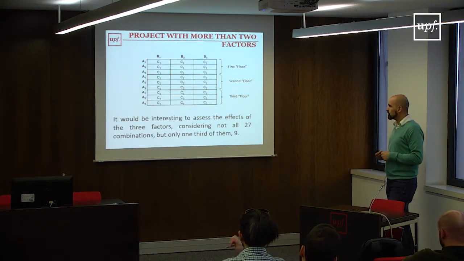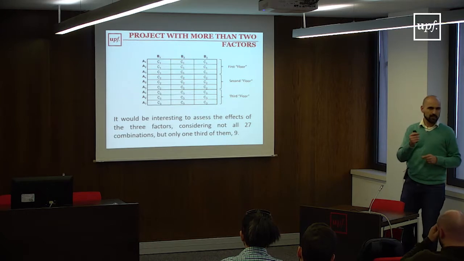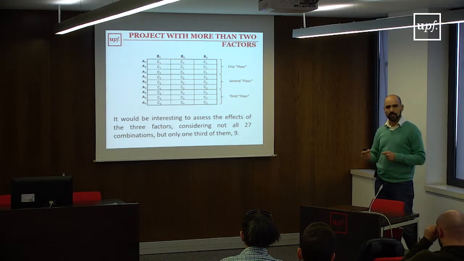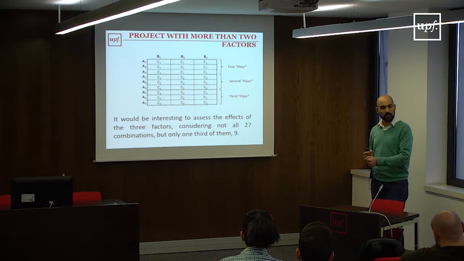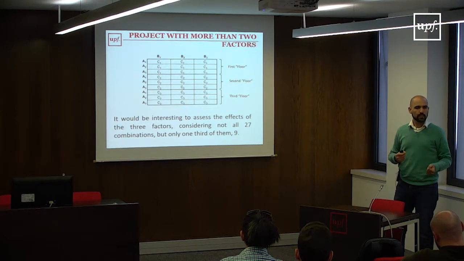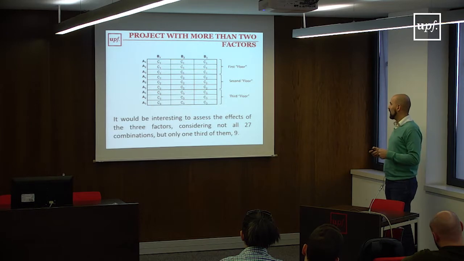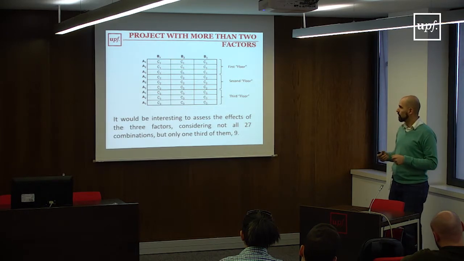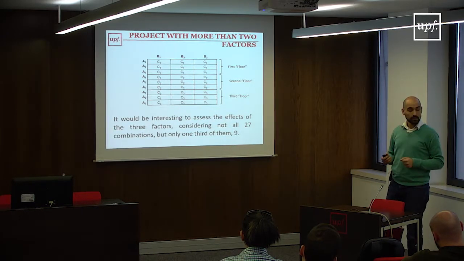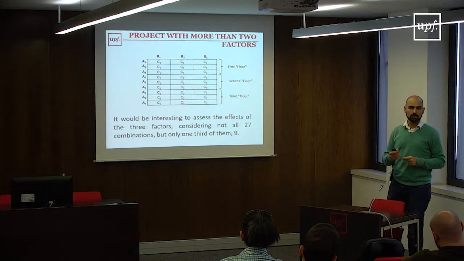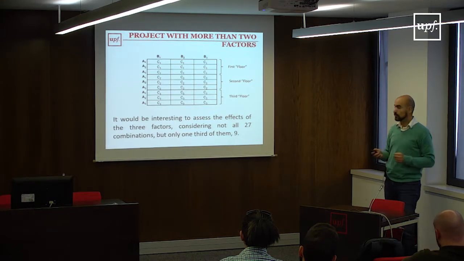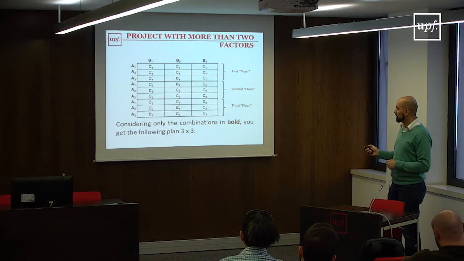Now, of course, it would be very interesting if instead of running 27 experiments, I would need just 9. Would be very nice. I would study a 3-factor analysis at the cost of a 2-factor one. Can I do it?